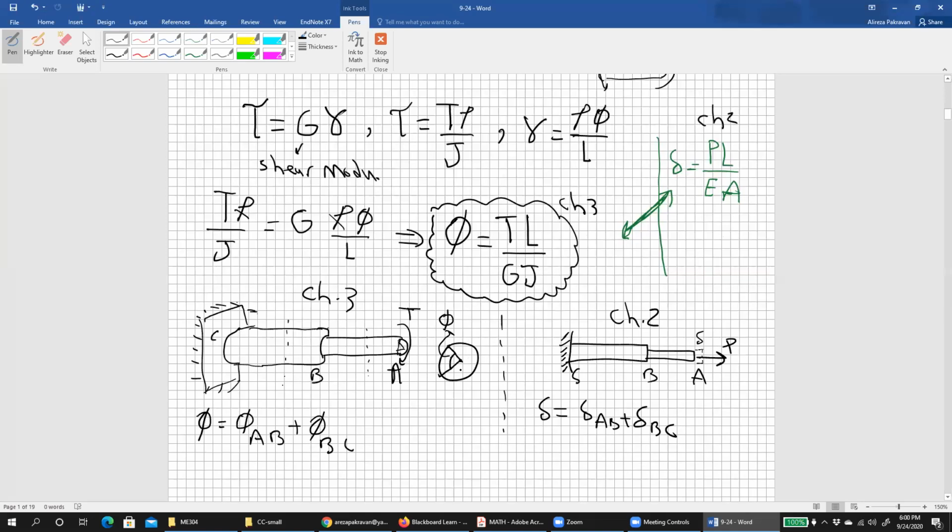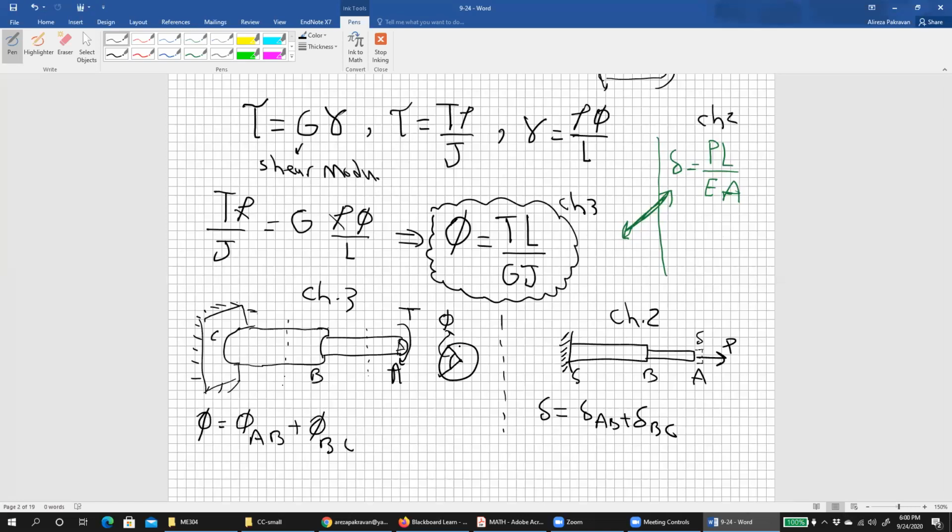This total phi is the sum of the deformations, the total deformation of the shaft. If the allowable deformation is given, we can compare with it and say whether it is okay or not.